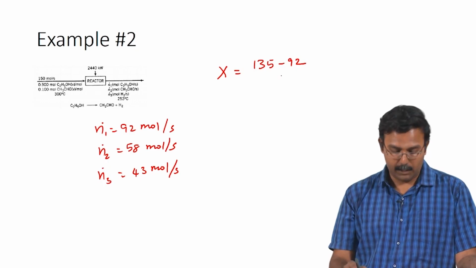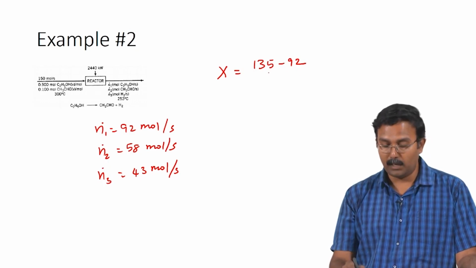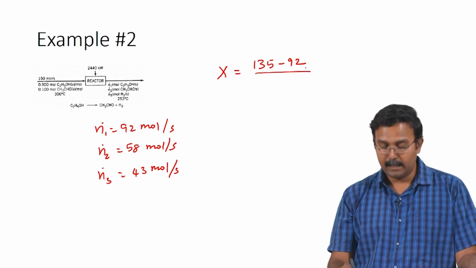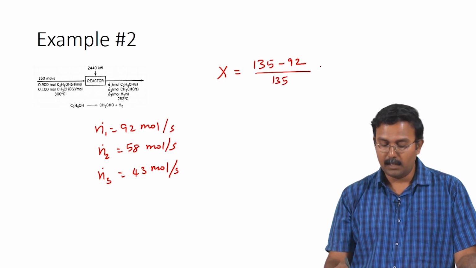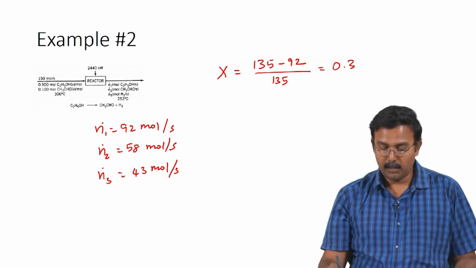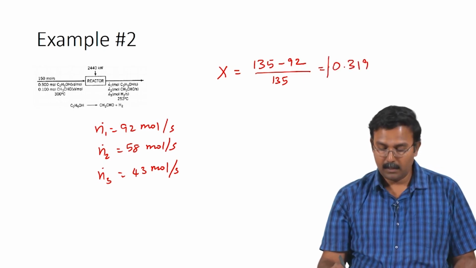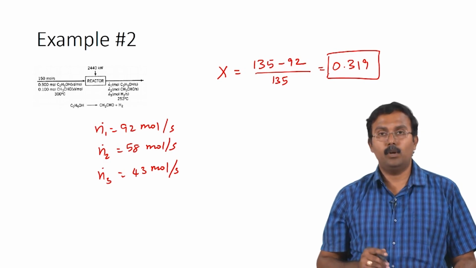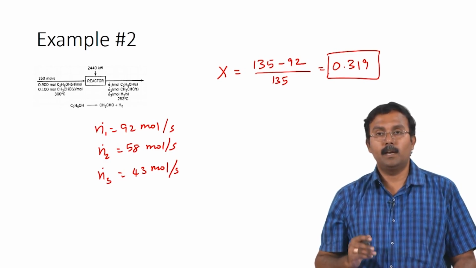Input is 135, 92 is output. So, you have the difference between them as the consumption, and you have this divided by the feed, which is 135, and you would get a conversion of 0.319. So, fractional conversion for ethanol is 0.319.